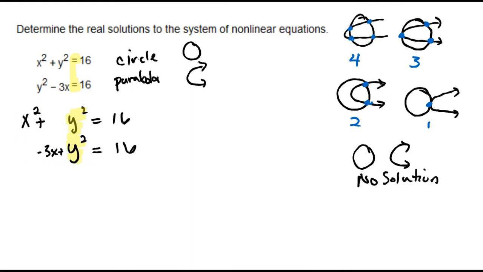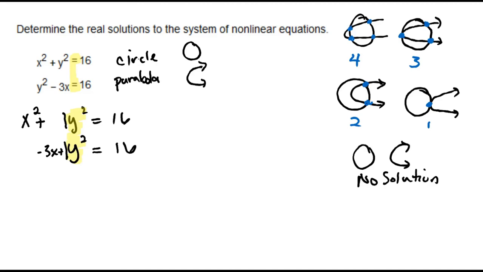Okay. All right, now what I want is the y squareds to eliminate. I need to be able to add the equations together and for them to cancel out. So I need one of them to be positive and one of them to be negative. They already have a coefficient of 1, so if I just make one positive and one negative, then when I add, they will eliminate.